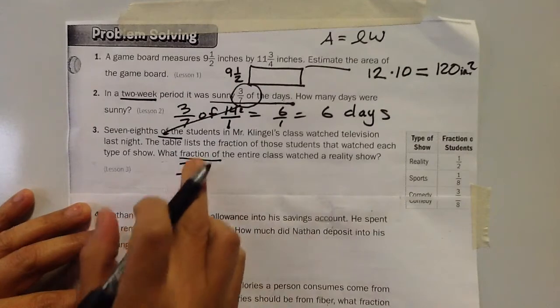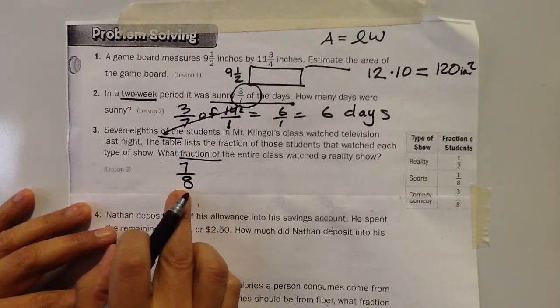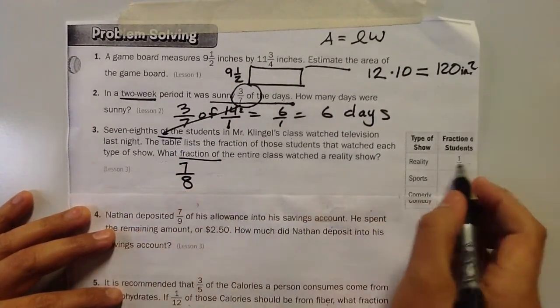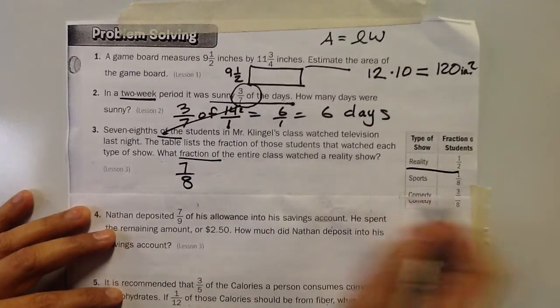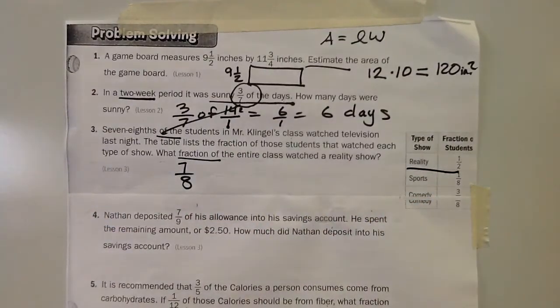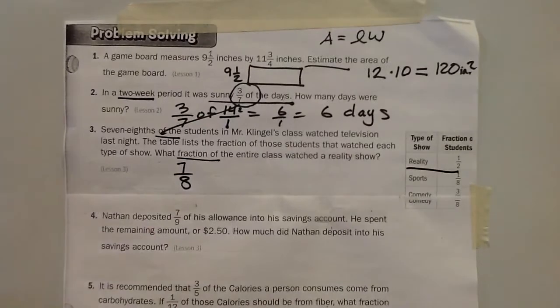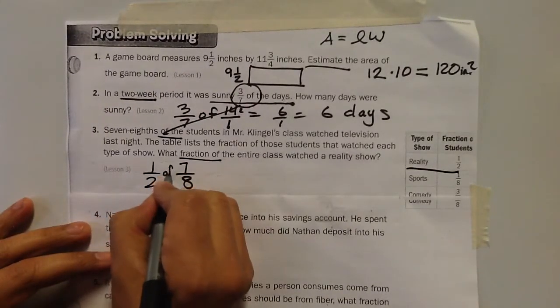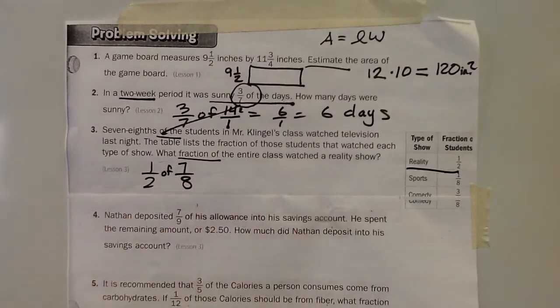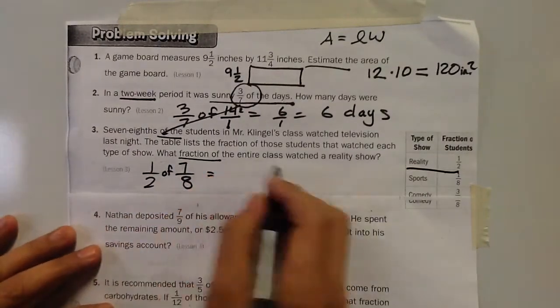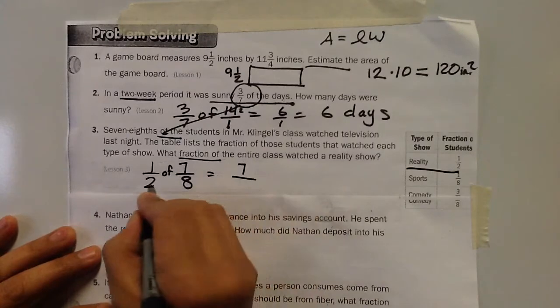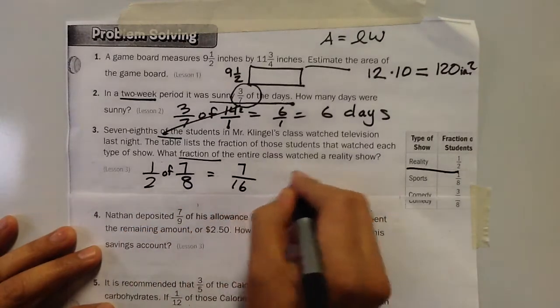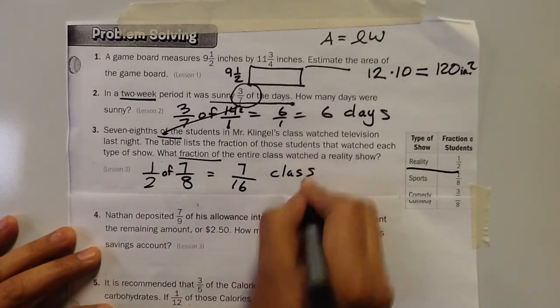So we know that 7/8 of the class watched something, but now we actually want a part of a part, and so 1/2 of his class watched the reality show. This is where you really have to wrap your head around it. We know that 1/2 of 7/8 watched the reality show, and so that would give us 1 times 7 is 7, 2 times 8 is 16, so 7/16 of the class.